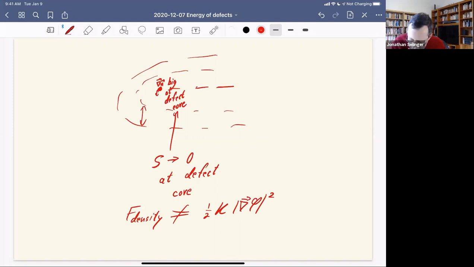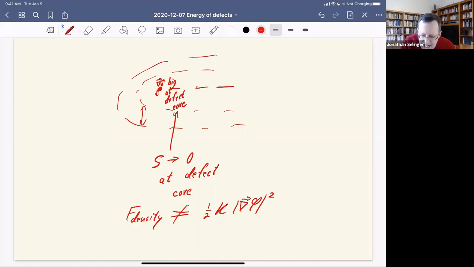So what can we do? Right. Well, there are a couple options, right? One is we could try to make an improved theory, which includes variations in S as well as variations in the angle phi. Right?